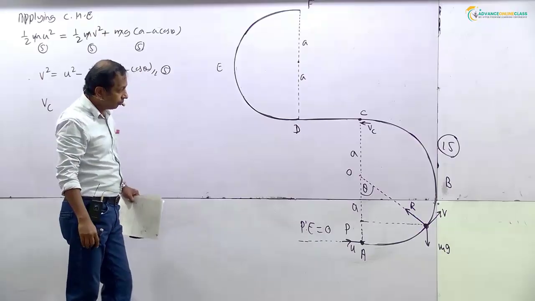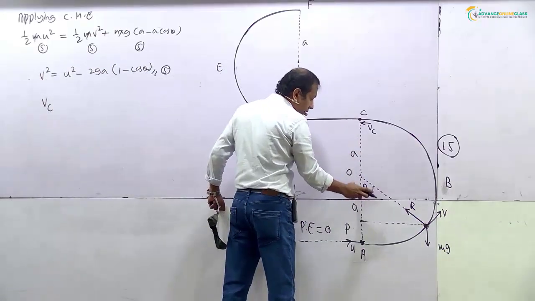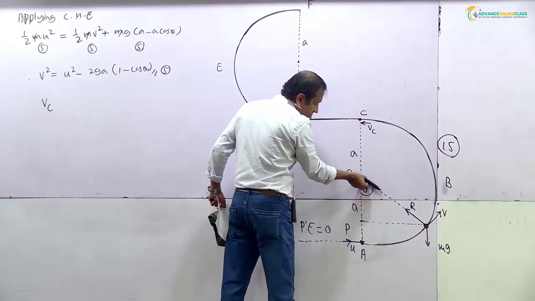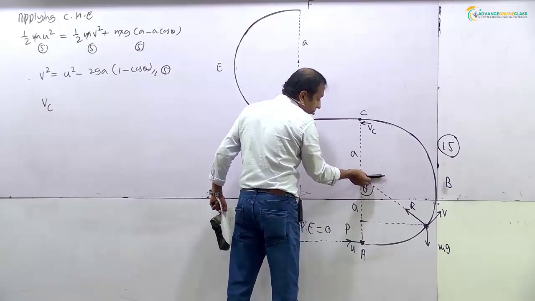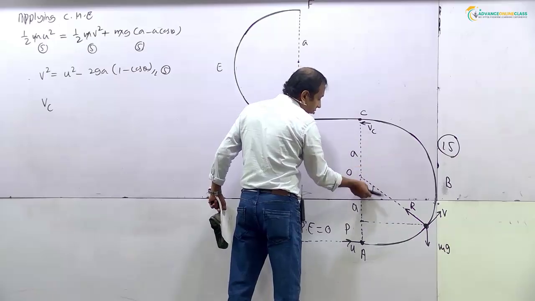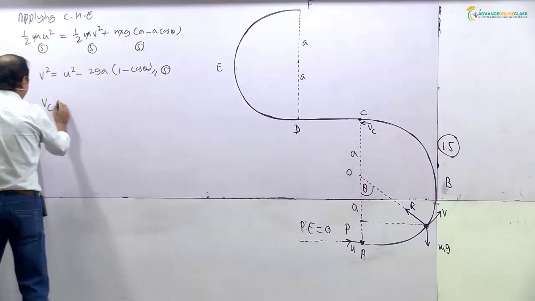Right. Then once the particle comes to the point C, it turns this way, no? This way it moves. As the particle moves this way, this line turns like this. Theta increasing. Once the particle comes to the point C, this theta will be 180. Put 180 here, right?